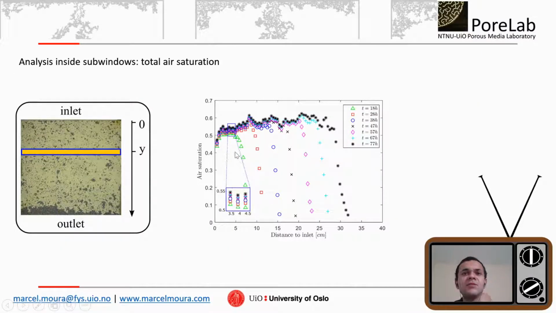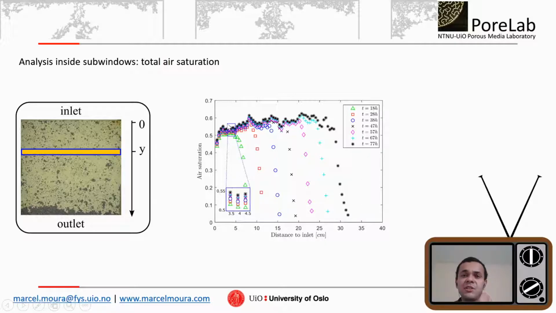So we have found also that if you consider an analysis inside subwindows like this, so this is a subwindow at a fixed Y position here, the graph of the air saturation as a function of the distance to the inlet, so as a function of Y, is like that for different times.